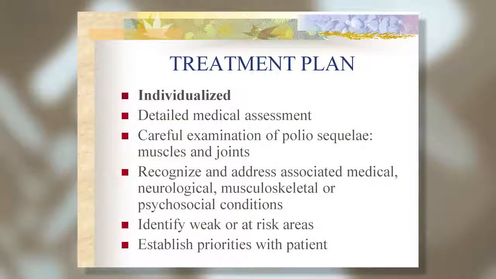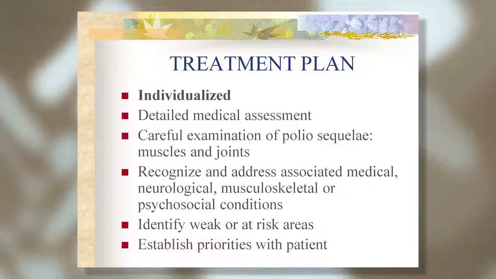This is examination of the polio history, medical history, current medical problems, medications, and of course the physical exam. The physical exam, again, because every polio patient is very different, is very important to do careful muscle testing of the individual muscle groups and the joints.